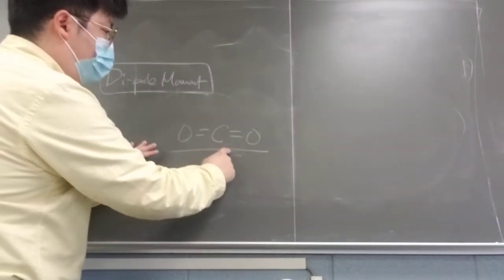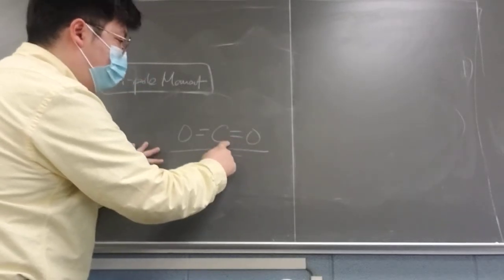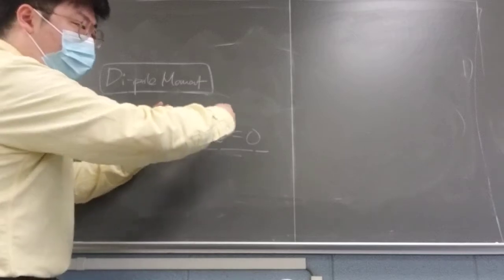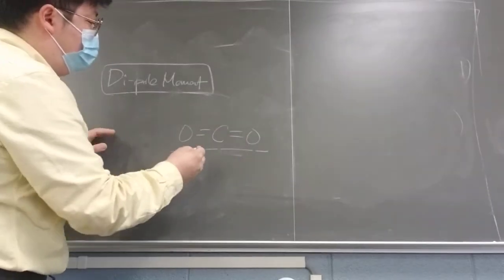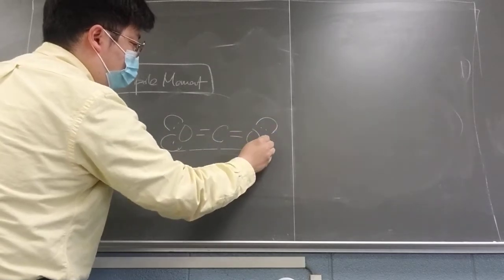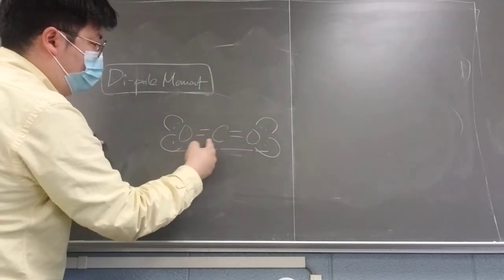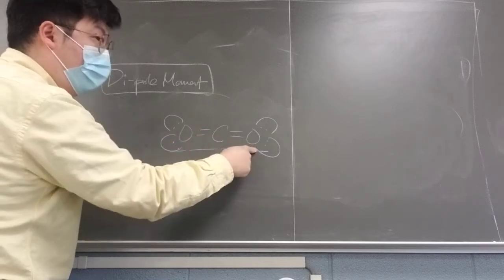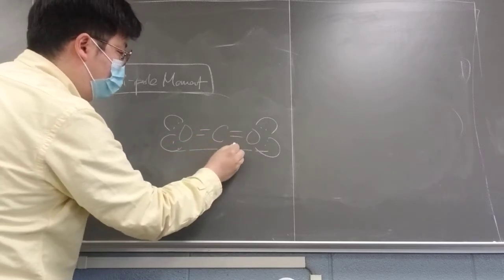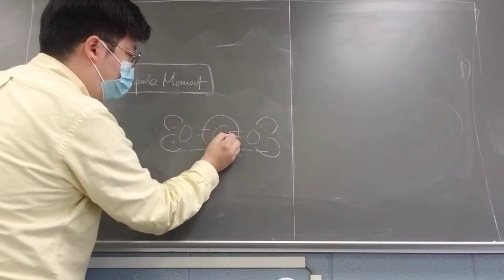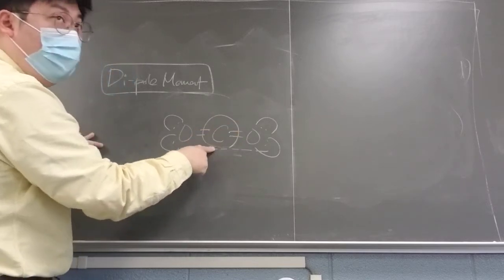This is the one that has polar covalent bonds, but is not polar as a molecule. Because if you look at this one over here, there are 2 double bonds between the central carbon and the 2 surrounding oxygens. If you just circle this one over here, it already has 4 electrons around the carbon here.